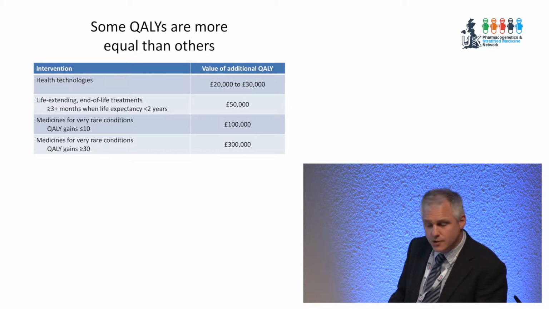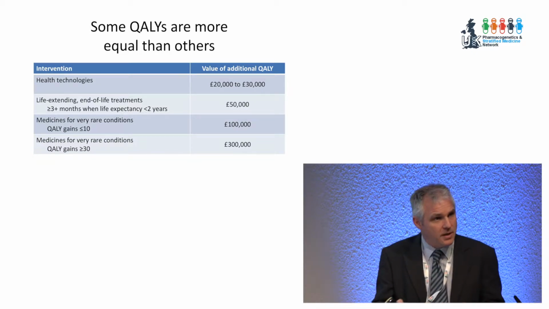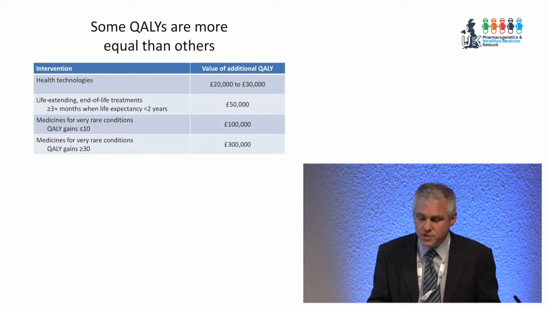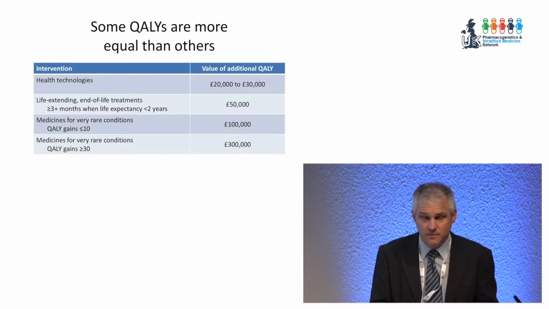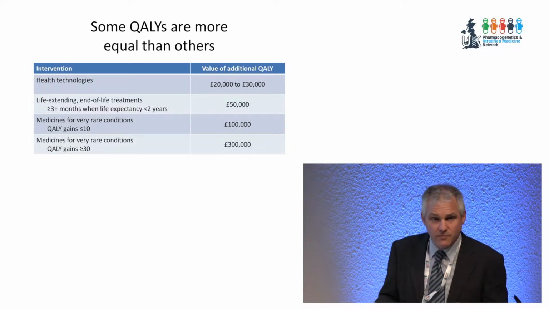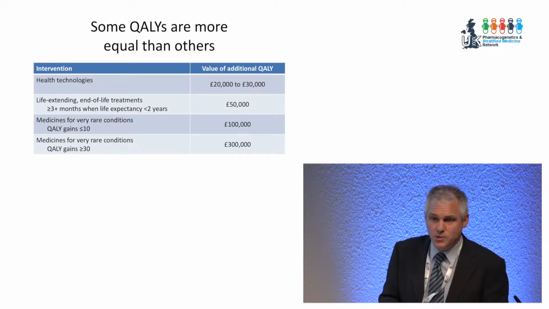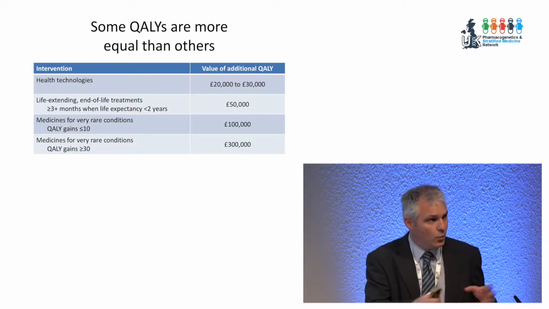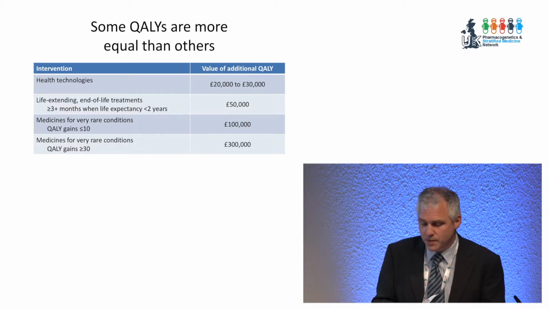However, NICE determined a few years ago that treatments, typically cancer drugs, which can extend survival by 3 or more months in patients with a life expectancy of less than 2 years, should be valued at £50,000 per QALY. So those QALYs are about twice as valuable as other QALYs gained in people's lifetimes. And you might argue either way whether that's fair or not, but this is the policy by which we operate.